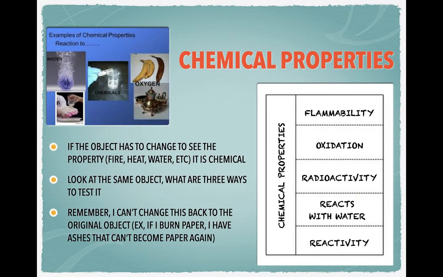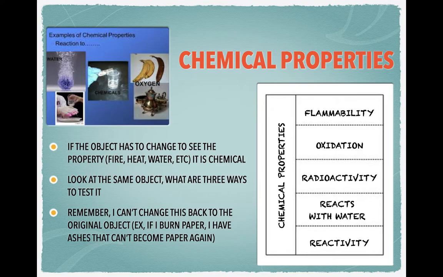Our chemical properties go a little bit deeper. Remember, they're properties that I can only observe if I put it through some kind of chemical reaction test. If I'm looking at these objects, there are 3 ways I could test, like a banana. I can leave the banana out and watch it start to turn brown. That's its oxidation state.